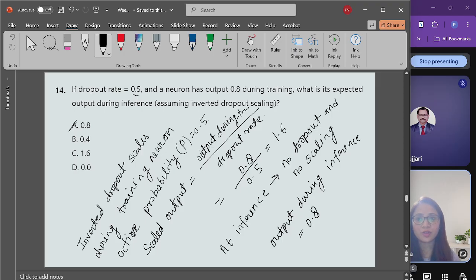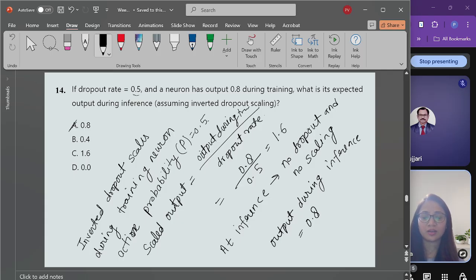So just read the questions and think about them. What are they asking? What is its expected output during inference? To confuse you, they have given assuming inverted dropout scaling. So don't be confused.